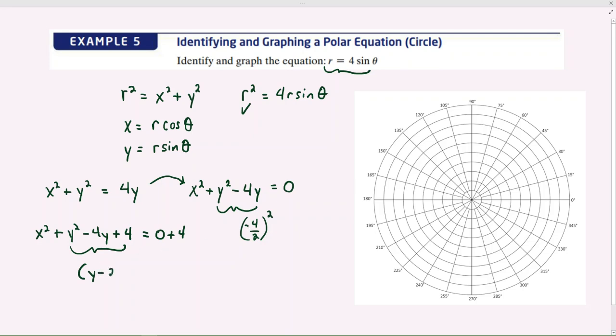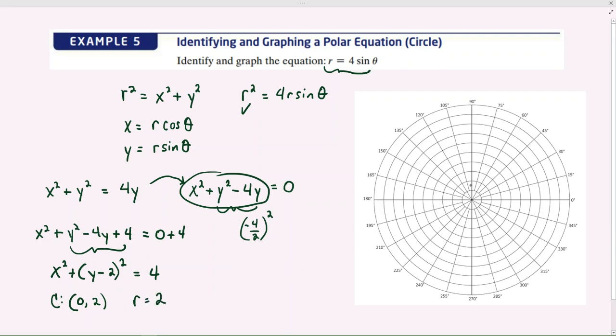So y minus 2 quantity squared takes the place of this, and x squared, and that equals 0 plus 4, or r squared is 4. My center of the circle is at 0, 2. And the radius squared is 4, so the radius is 2.